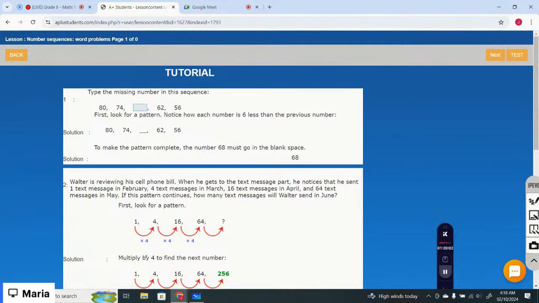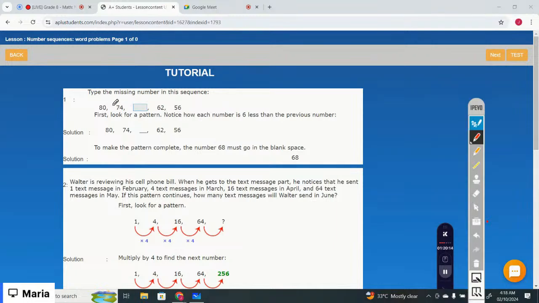Type the number sequence in this sequence. So you have to find the number in the sequence. Let's just see how the pattern is going, then we'll find the missing number. So you have 80, 74, missing number, 56. That is a decreasing pattern, right?